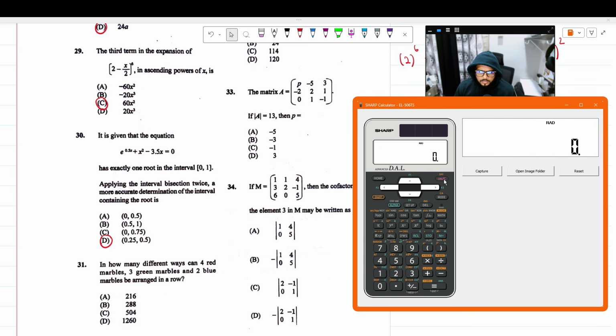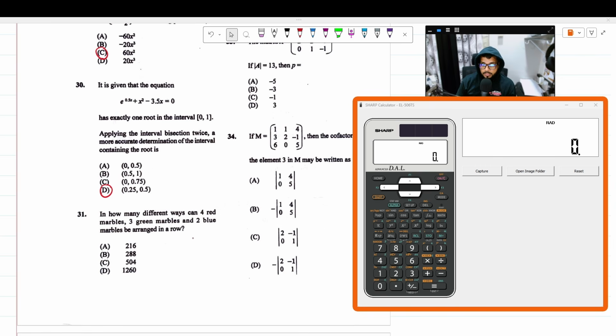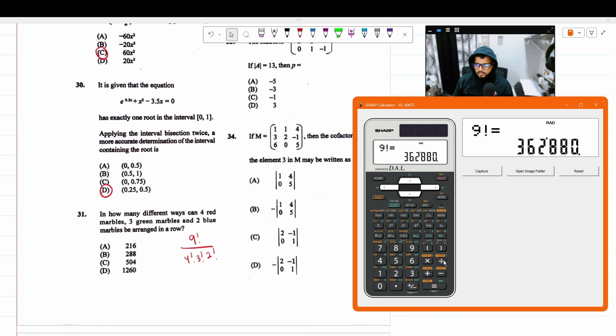No. So we have 4 red, 3 green, 2 blue, arranging in a row. So yes, we have repeats. 9 factorial over 4 factorial, 3 factorial, 2 factorial, because we have repeated colors.